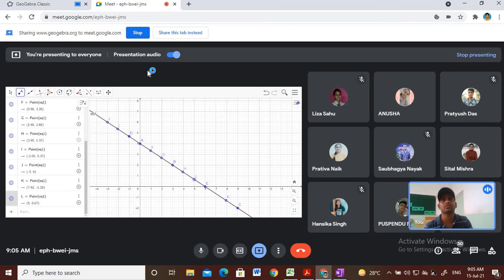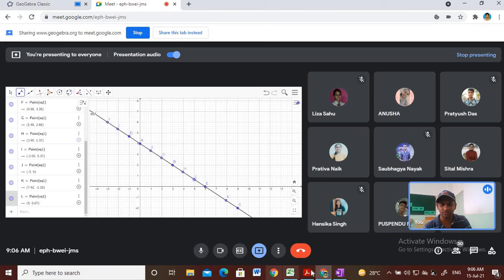Not this, 0, 0 is a solution. For example, sometimes the origin is a solution of some equations. Suppose x plus y is equal to, you take 0.